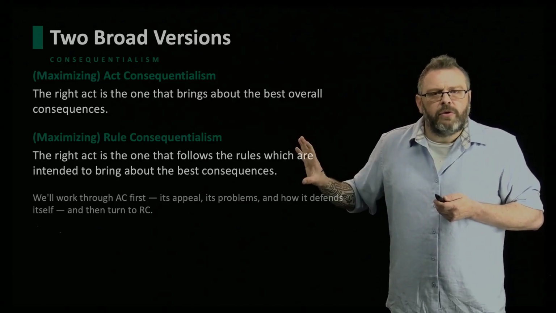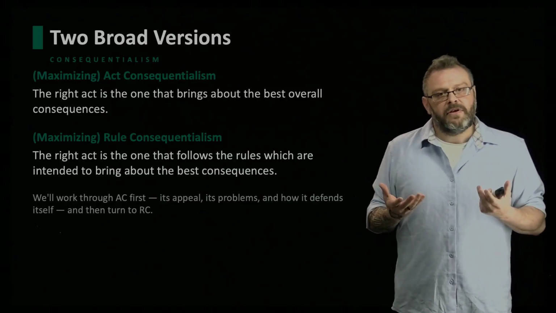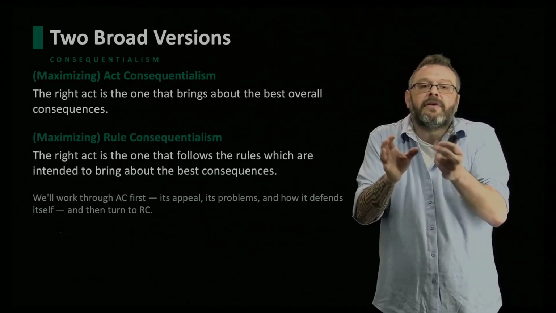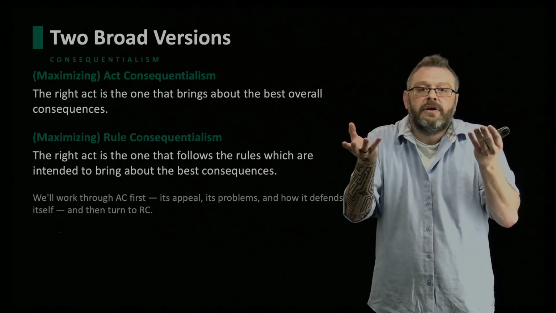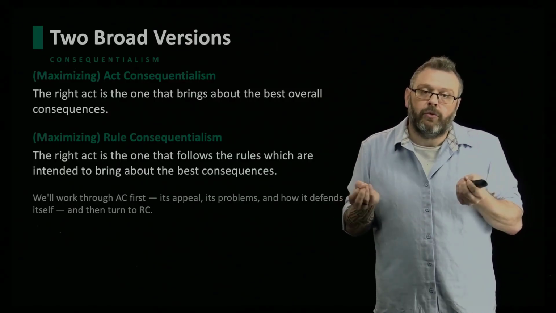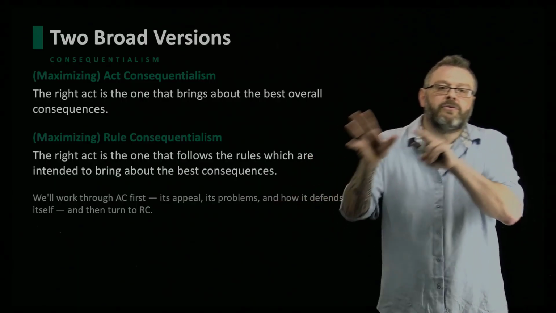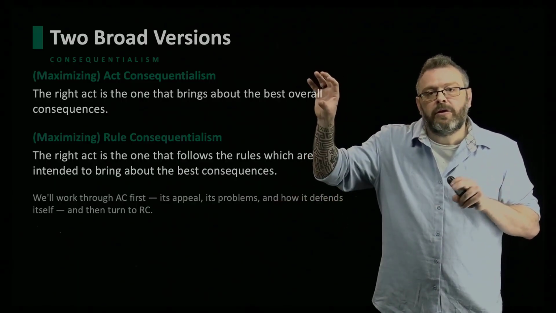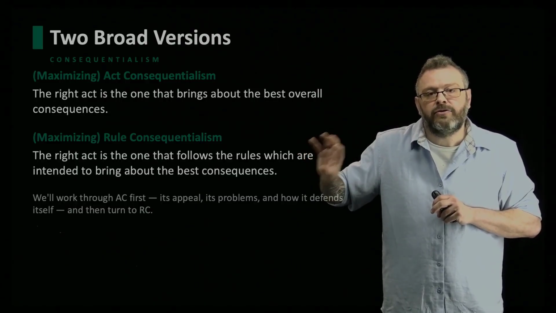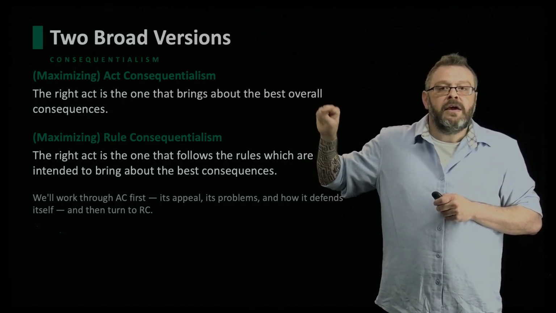For rule consequentialism, what we're going to do is devise a set of rules that, if they were followed, would maximize the good. And then the right act is the one that matches up with those sets of rules. So a slightly different criterion of right, a different sort of decision procedure. We're going to evaluate each act, versus coming up with rules and then comparing the act to the rules. We're going to talk about act first, okay?